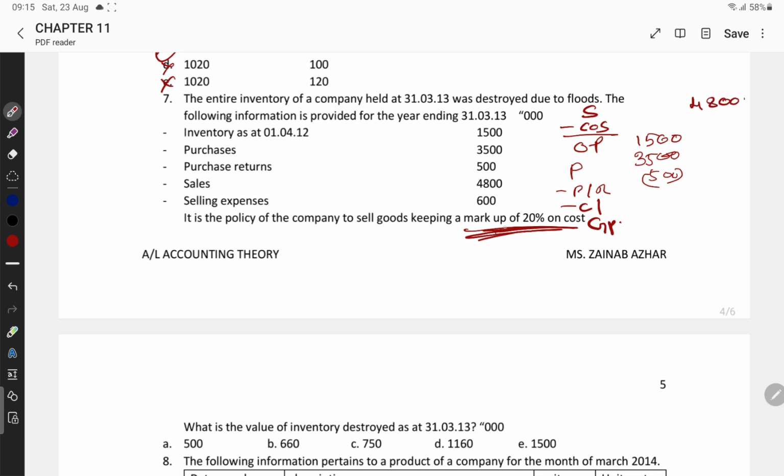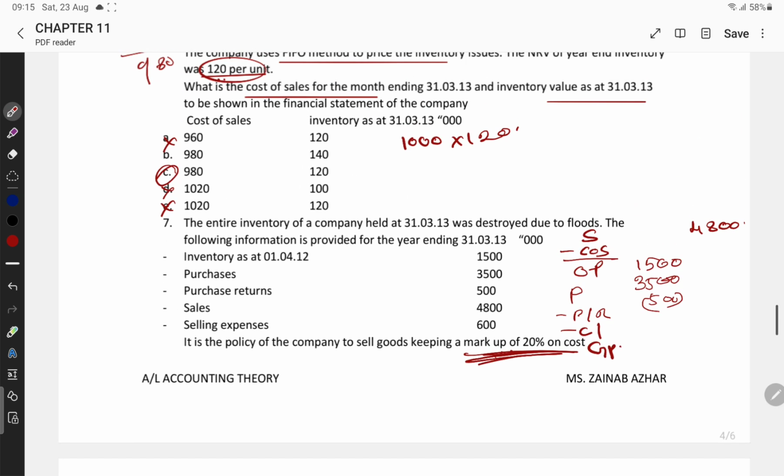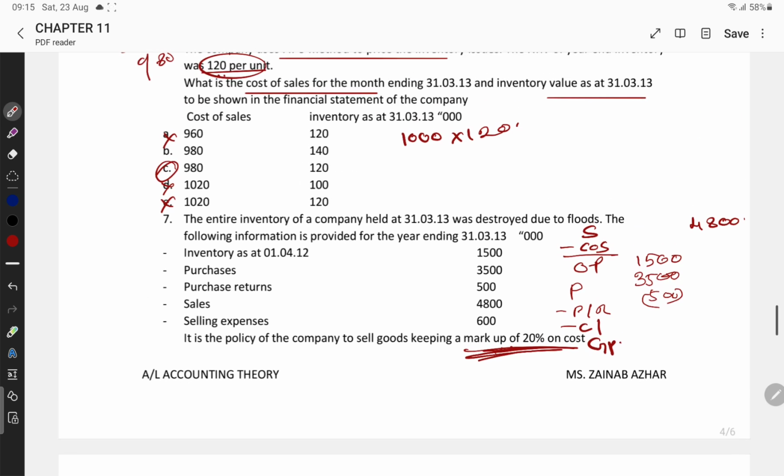Okay, now markup is 20%. So markup is your gross profit as a percentage on your cost of sales. So if your cost of sales is 100, your gross profit will be 20. So which means our sales should be 120.